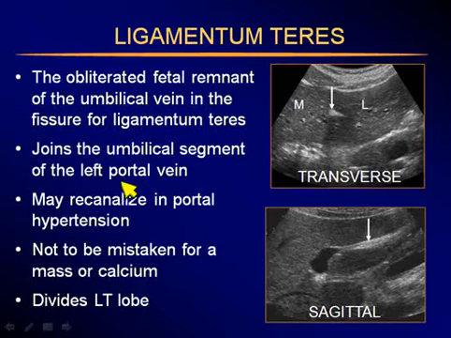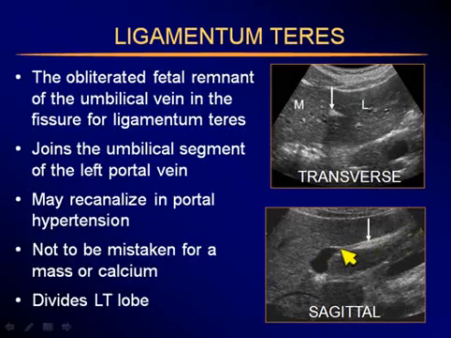The fetal umbilical vein came into the umbilical segment of the left portal vein. We can see this when we cut the liver sagittally. At this precise level, we are now taking a sagittal image, and we can see the brightness of the fat surrounding the ligamentum teres within this umbilical fissure, and notice that it goes directly into the umbilical segment of the left portal vein.